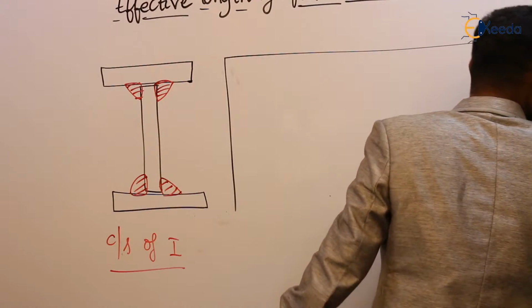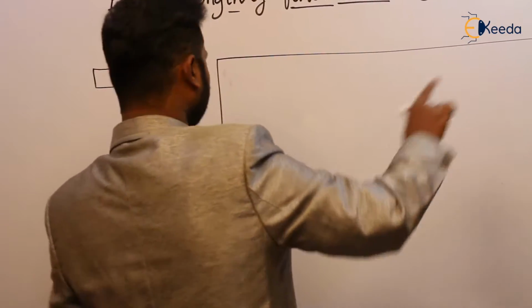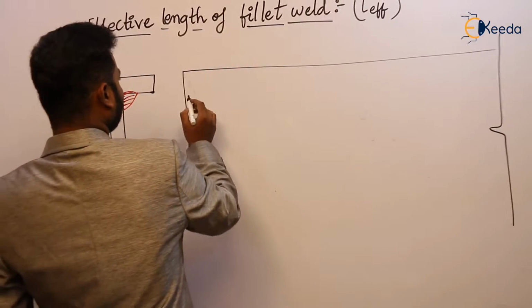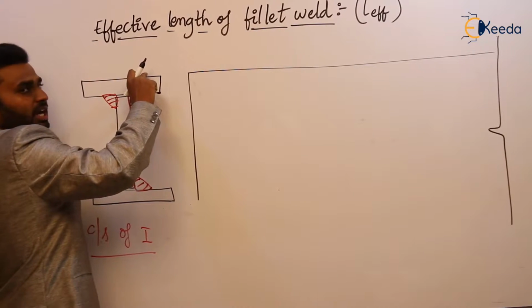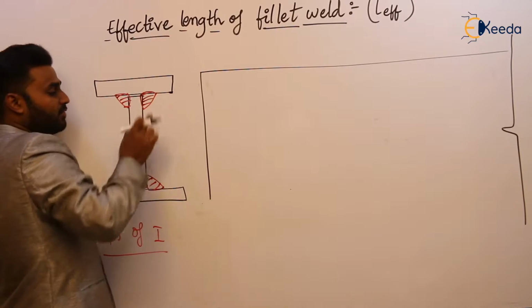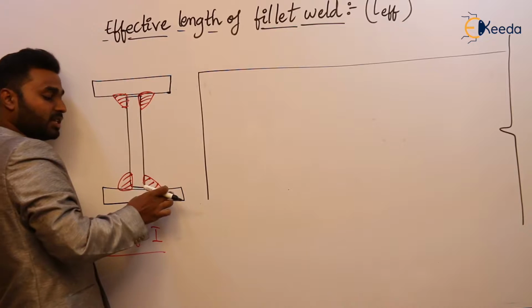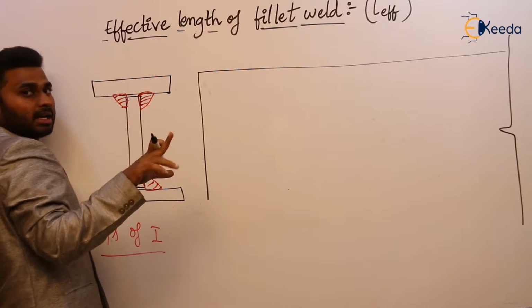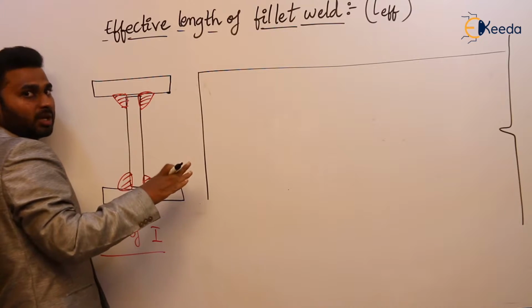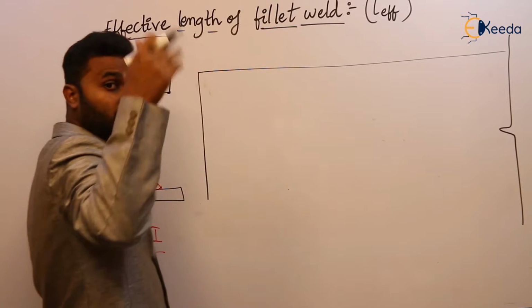The symbol indicates the length continues. If we see from the side view, this flange seems like 2 lines, and the web seems like a rectangle, and this flange also seems like 2 lines. I explained this for an angle, using books, so try to remember it.